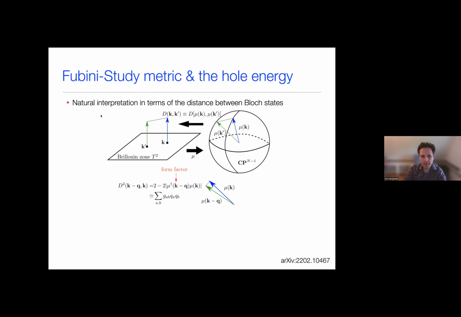Well, it has a natural interpretation in terms of distance between Bloch states. So if you take two Bloch states at different momenta in a band and look at them on the Bloch sphere, then you can associate a distance between them.